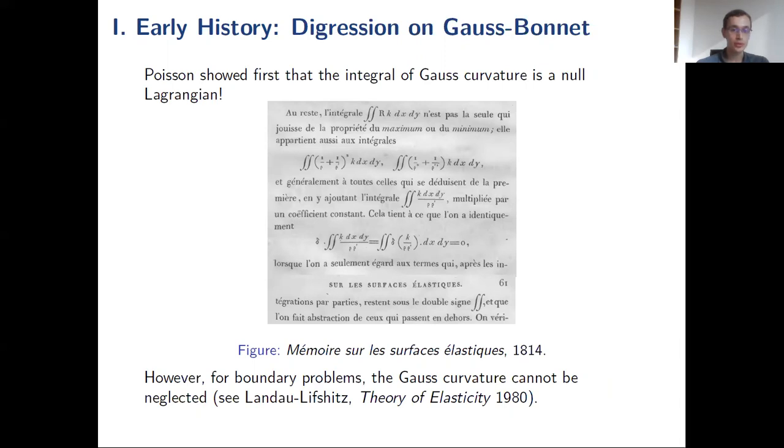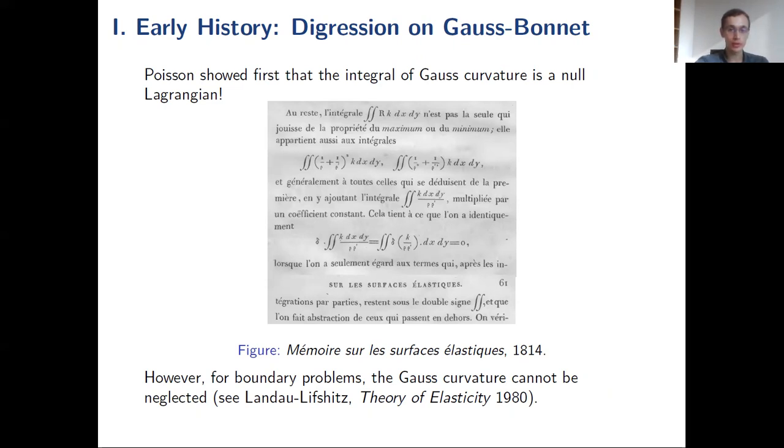So it's what is written here. I don't know if it's readable enough, but if you don't consider the boundary terms, then the first variation is 0. And for boundary problems, in fact, you can't neglect this quantity, so you need to consider Lagrangians of the form H squared plus some constant times K. And you can look at Landau-Lifshitz about it.